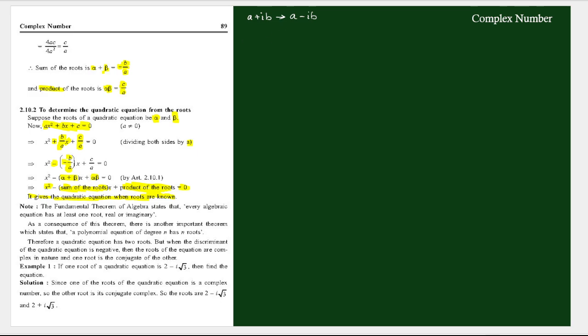Why? Because we have already learned that the roots of a complex number are always conjugate.